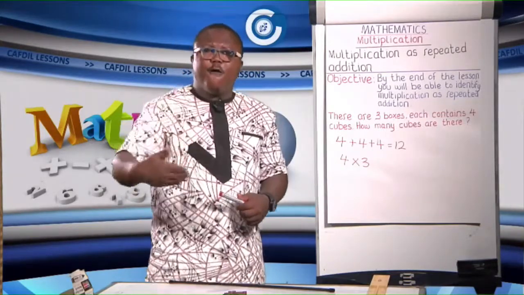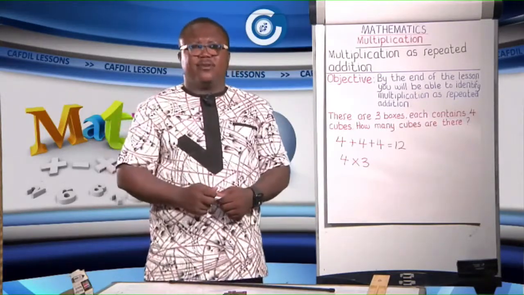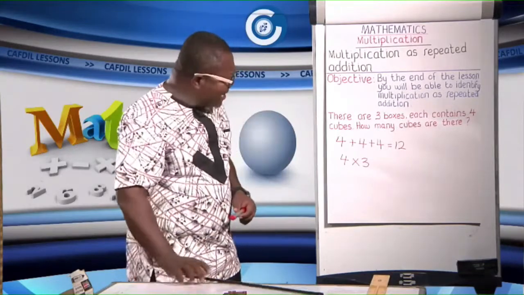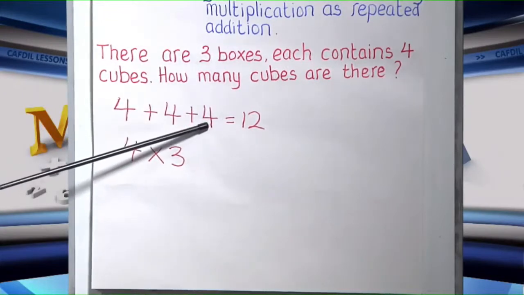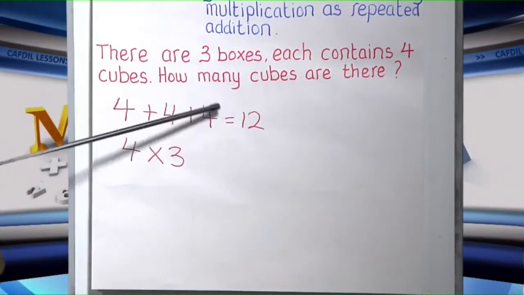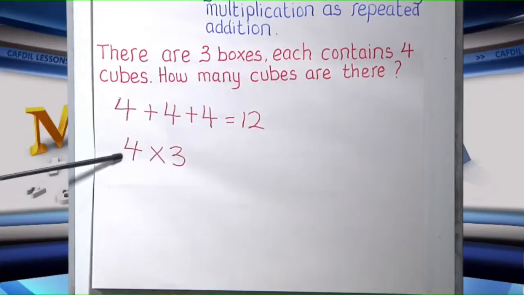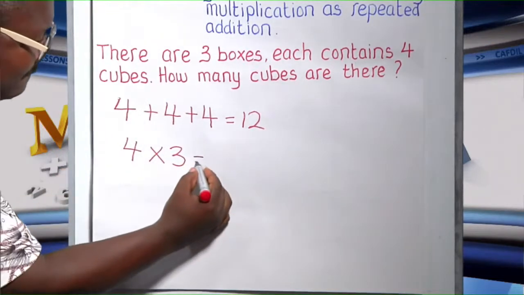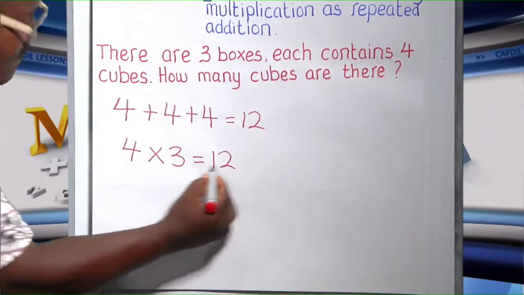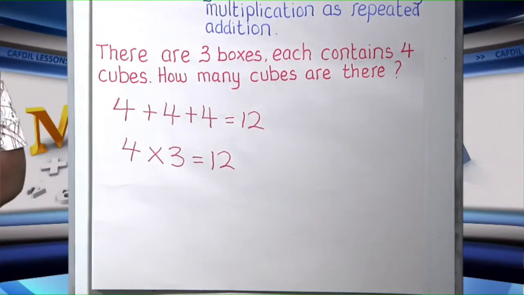So 4, 4, 4, 3 times. I have the first 4 here, the second 4, then the third 4. What is the answer? It's 12. So you've seen that. Multiplication is what? Repeated addition.